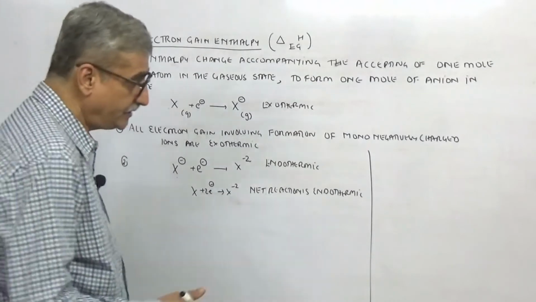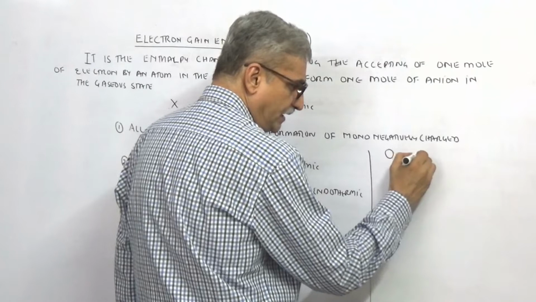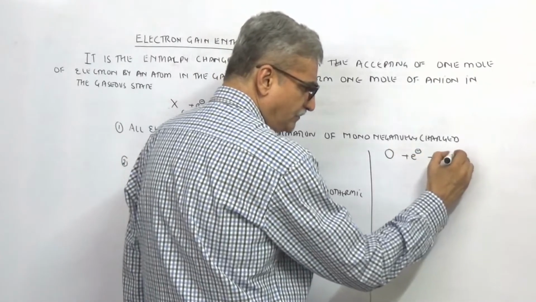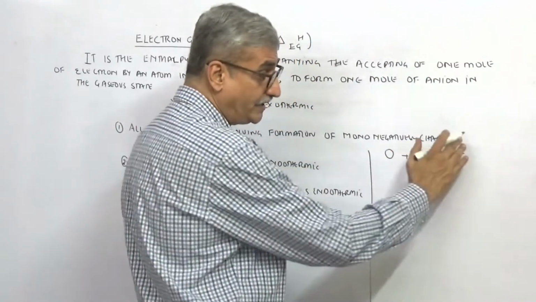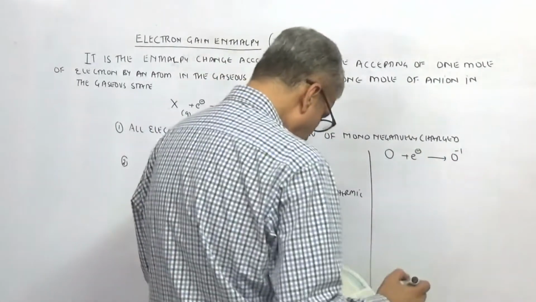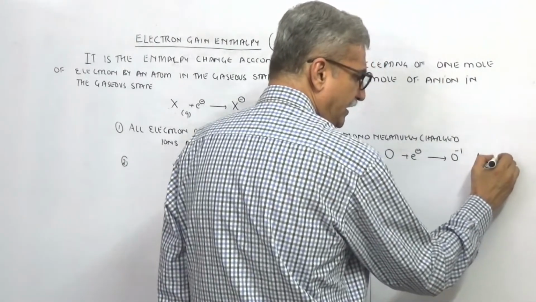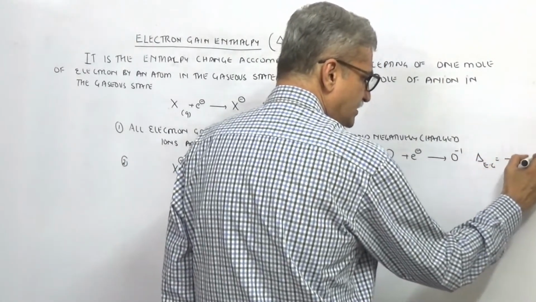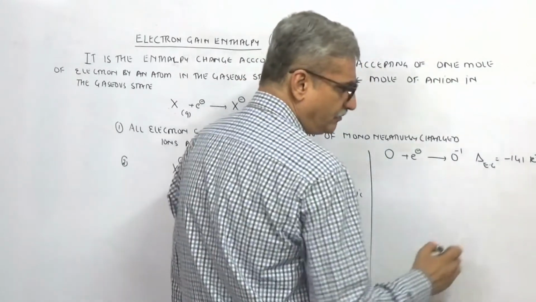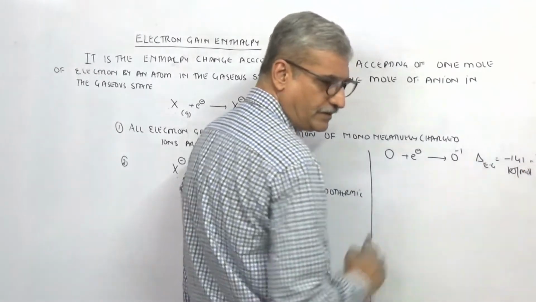Which are they? So we have oxygen plus an electron forms O minus 1. For 1 mole, delta electron gain enthalpy here is minus 141 kilojoule per mole.